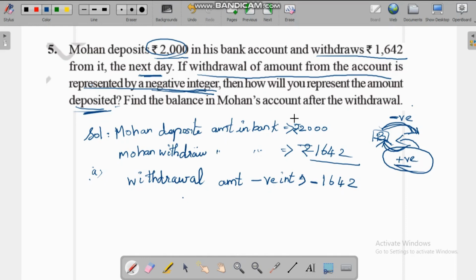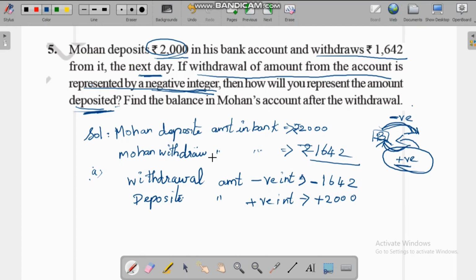And what they have asked here is how the deposited amount will be represented. The deposit amount should be represented by a positive integer, that is positive 2,000.